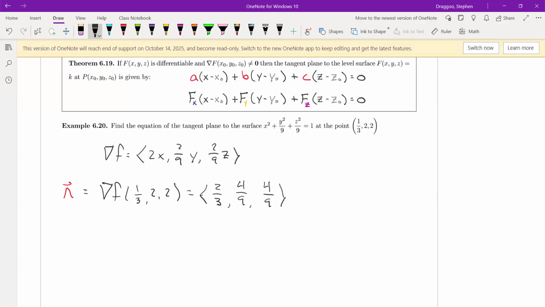So to find my tangent plane, I just need to start plugging a bunch of stuff in. 2/3 times x minus 1/3 plus 4/9 times y minus 2 plus 4/9 times z minus 2, all equal to 0.